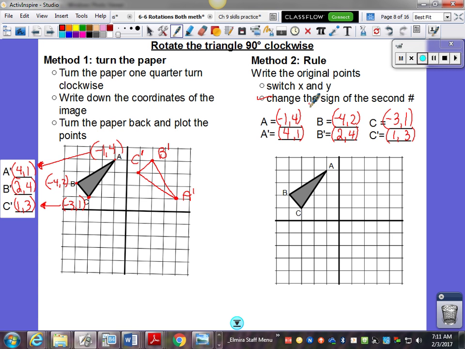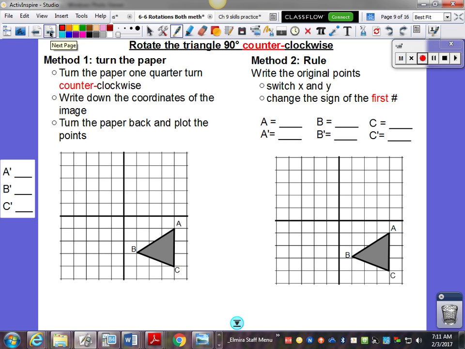And here's the thing, we changed the sign of the second number. So -1 became a +1 when it became the y value. -4 became positive, -3 became positive. So the second number switched signs. And I'm just going to plot those.